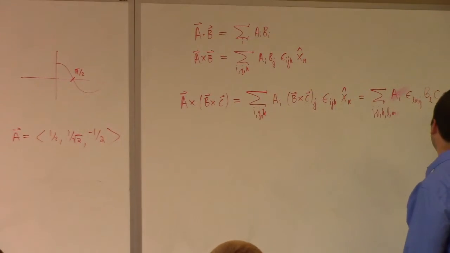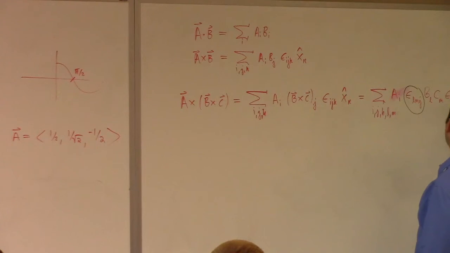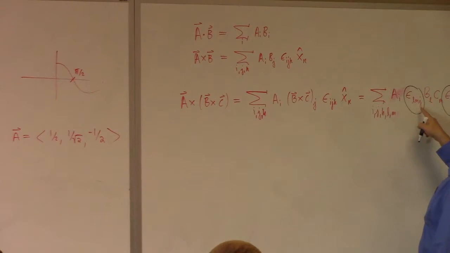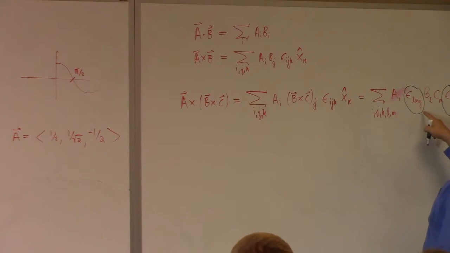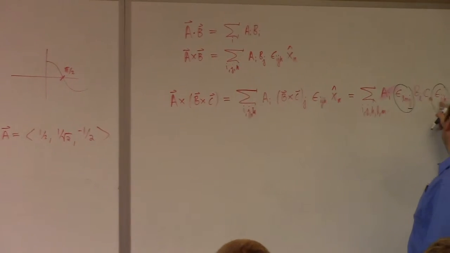But basically, to prove this, you need a little identity. You notice here that one of these indices is linked. I think it's the J, right? J is matching up, but the L and the M and the I and the K aren't linked.